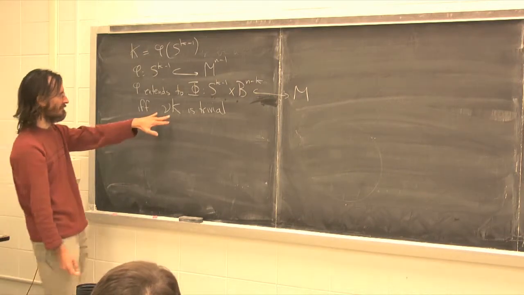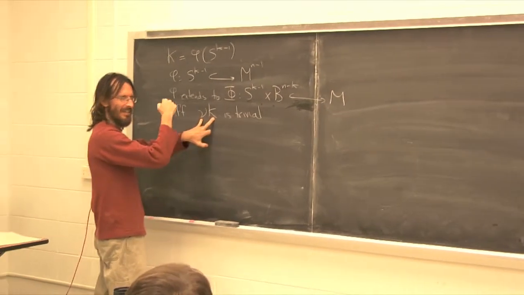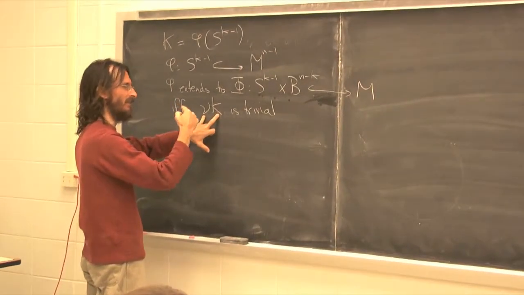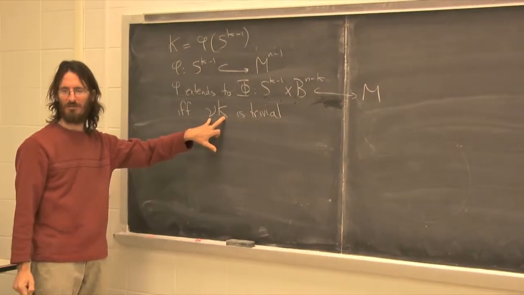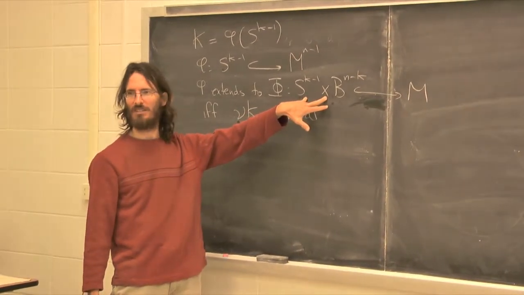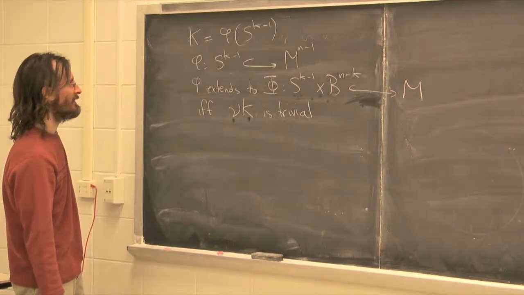Because the normal bundle is trivial, the unit disk bundle in the normal bundle is isomorphic to that, and therefore the tubular neighborhood theorem gives you an embedding of this as a tubular neighborhood.